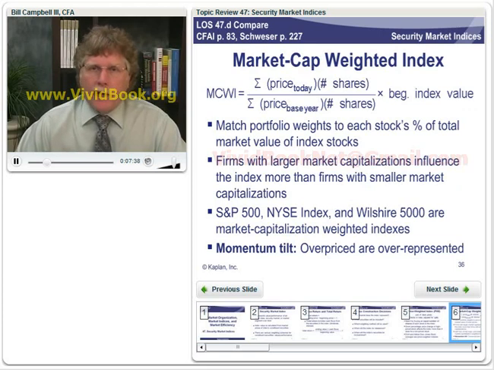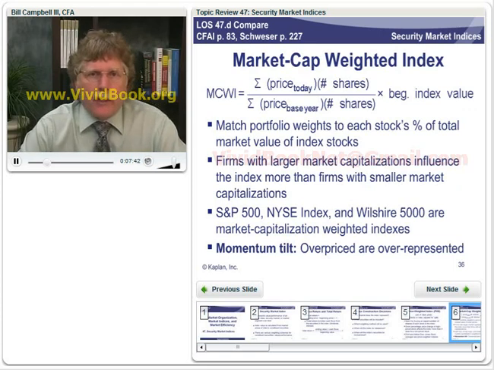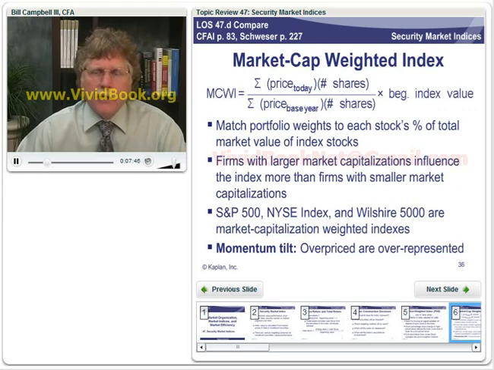Market cap weighted. We start off with a beginning index value. Commonly, these beginning index values are going to be nice round numbers, 100 or 1,000, something like that. And on the day that we create that beginning index value, we compute the denominator down here.